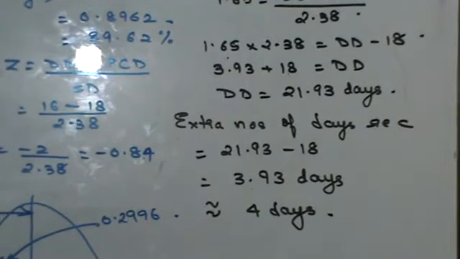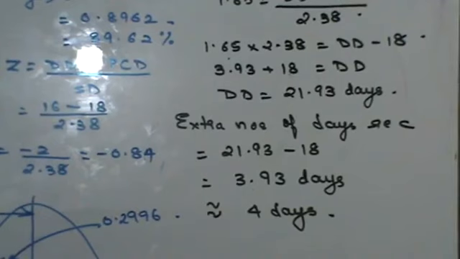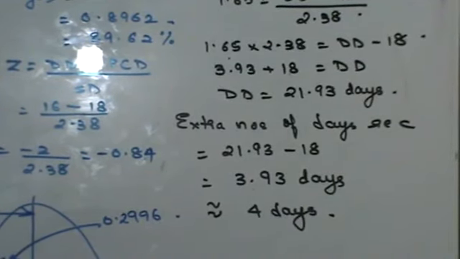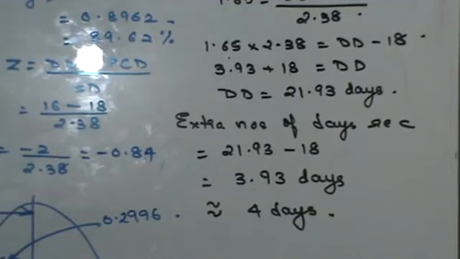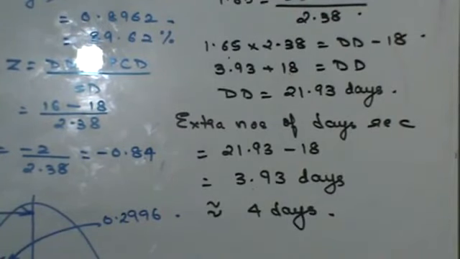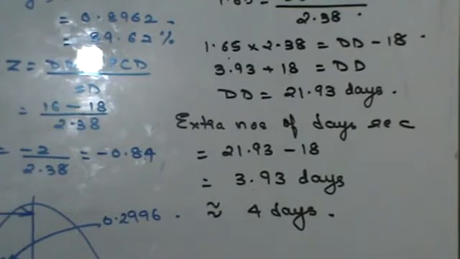To have 95% assurance that my project will be completed in time, I need 4 days more. So if I'm a project manager and I want 95% assurance that the project will be completed on time, what should I do? If I start my project 4 days early, instead of starting the project on whatever date I was going to start, then there will be 95% assurance that in the next 18 days I will be able to complete my project in time, right?